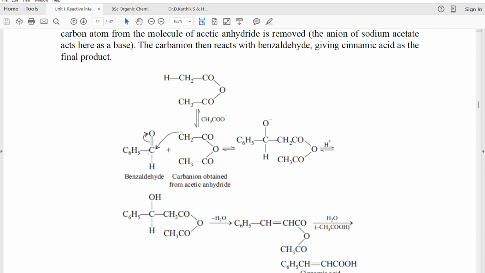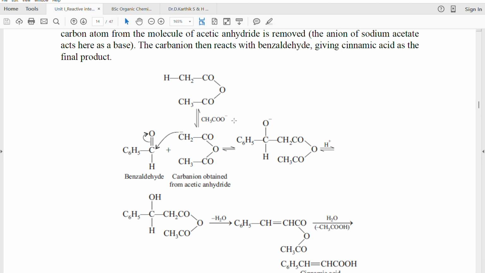In the last case we have CH3CO, and the CH3 has protons which can easily be abstracted by the base, but here we have a phenyl group, C6H5. From the phenyl group we cannot remove a proton as easily as from CH3. So there is no possibility to remove a proton from this benzaldehyde.